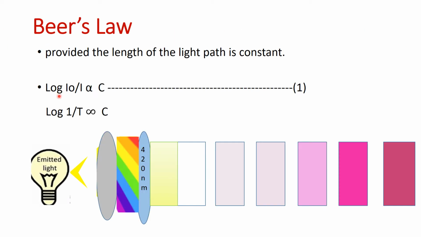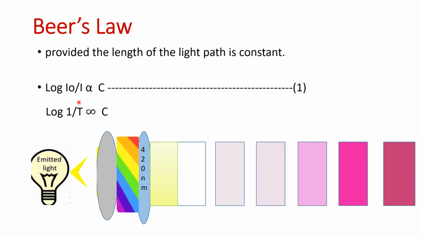So how is it represented as an equation? Now, the log of incident light to transmitted light, log I0 by I, is directly proportional to C. Here C stands for the concentration of the substance present in the solution.